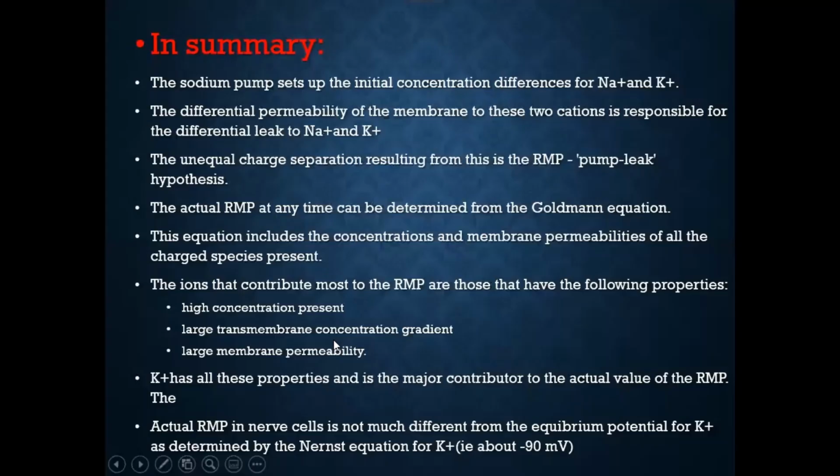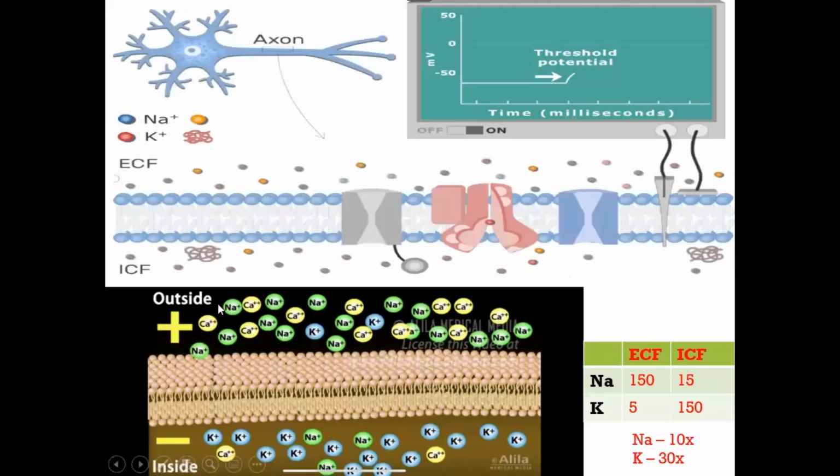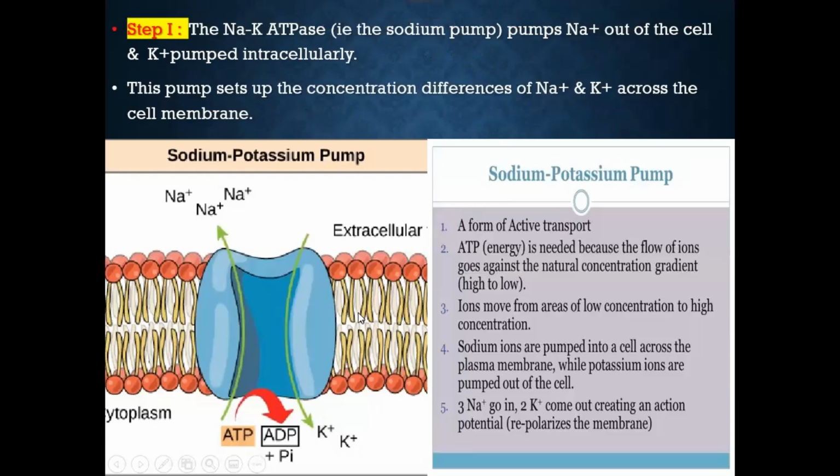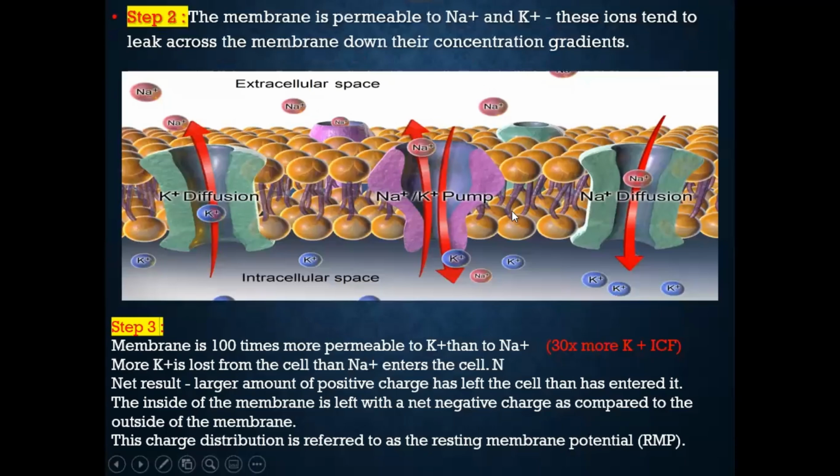Even though extracellular fluid has a higher amount of calcium, during the development of action potential in a peripheral nerve and skeletal muscle, there is no calcium movement.